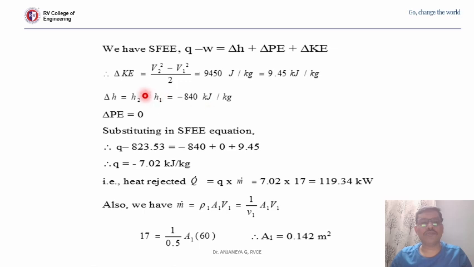So from the given data I can calculate the change in kinetic energy. I have the values of V2 and V1. Similar to the previous problem, first I get it in joules per kg, convert it into kilojoules per kg, and delta H has to be substituted. Since there is no information about Z1 and Z2, the delta potential energy term becomes 0.